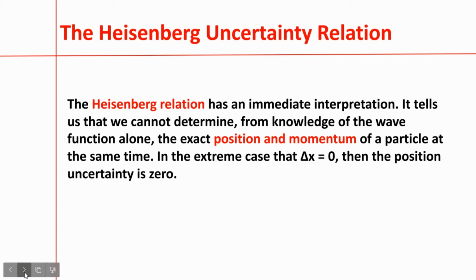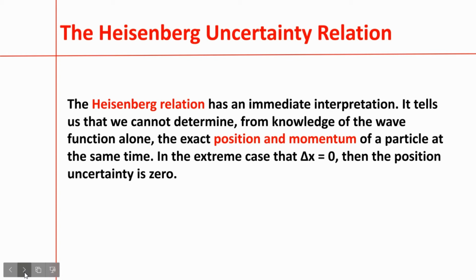In the extreme case that delta x is equal to 0, then the position uncertainty is 0. The last equation tells us that the uncertainty on the momentum is infinite, since delta x delta p is greater than or equal to 1 over 2 h cut. That is, the momentum is entirely unknown.